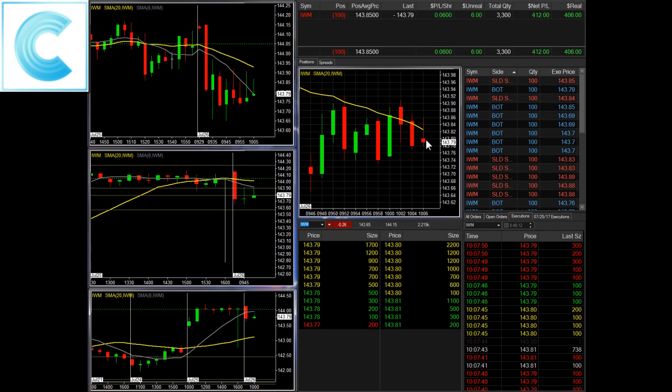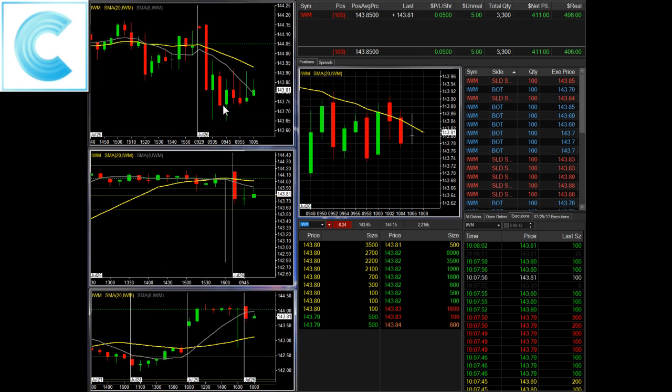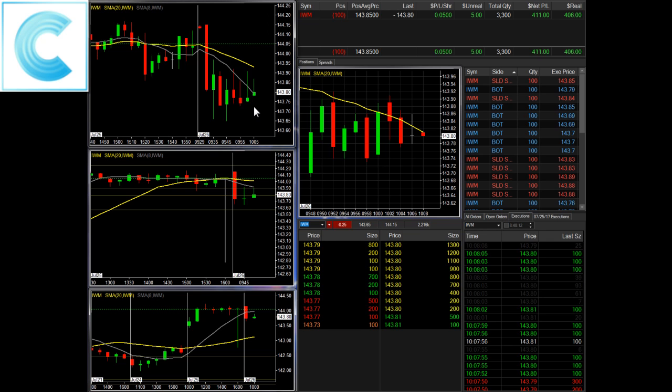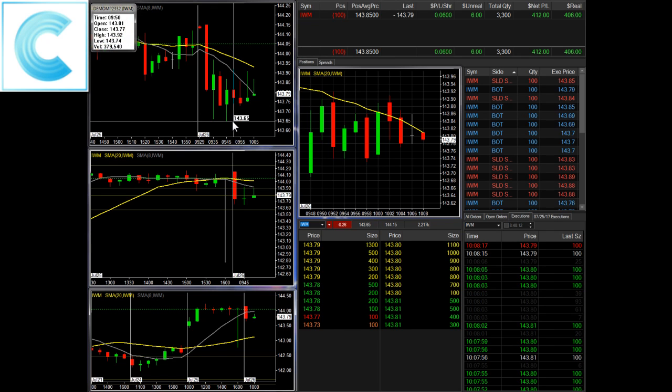Alrighty, so this is a little bit better. So we got a little bit of a red bar. We want to see it break down into the 74s. If it breaks below this range here, which is I guess the 70, 72 area, let's give it the 72s, it might be attractive to add another 100 shares or 200 shares to the short side with the anticipation of it breaking through the bottom or the low of the day at the 66s.